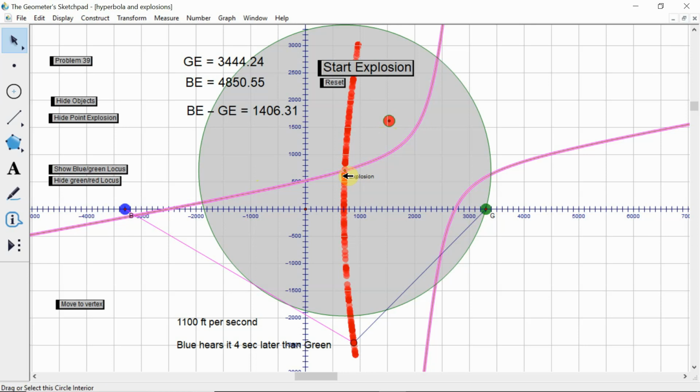Okay, so notice the constant difference, right? Because if one hears it sooner than the other, then there is a constant difference in the distance.